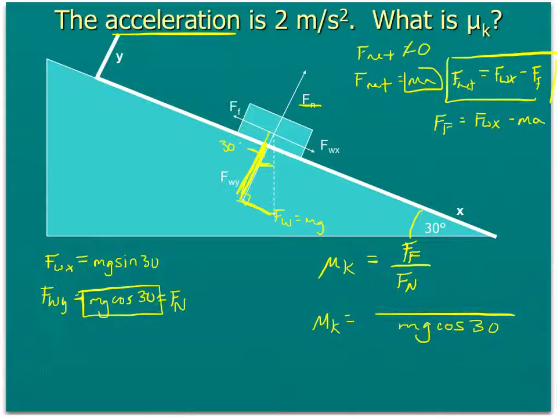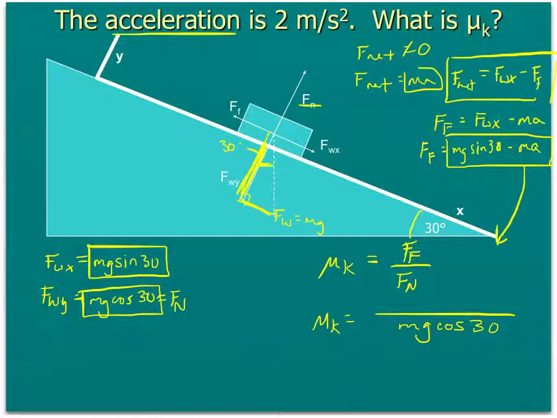I can also substitute mg sine of 30 for Fwx, which gives me mg sine of 30 minus ma. So I'm going to take this whole thing and plug it into my equation down here. So mg sine of 30 minus ma.